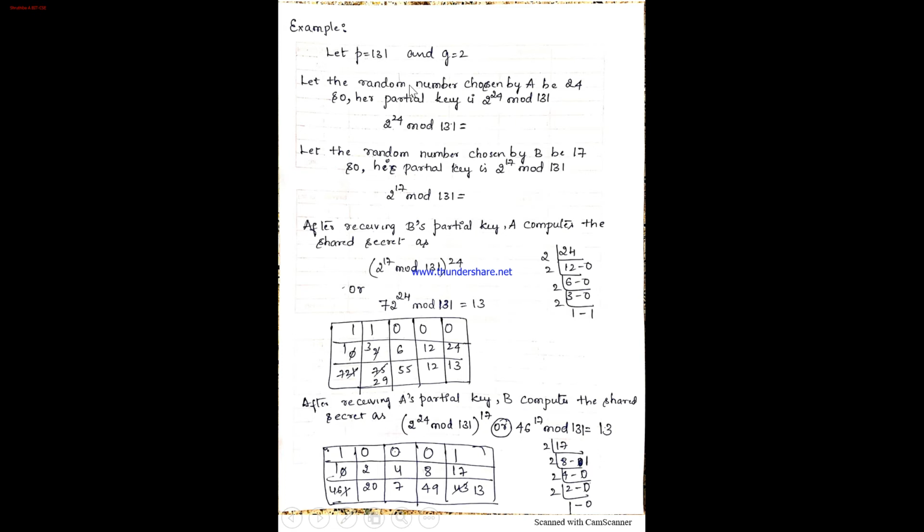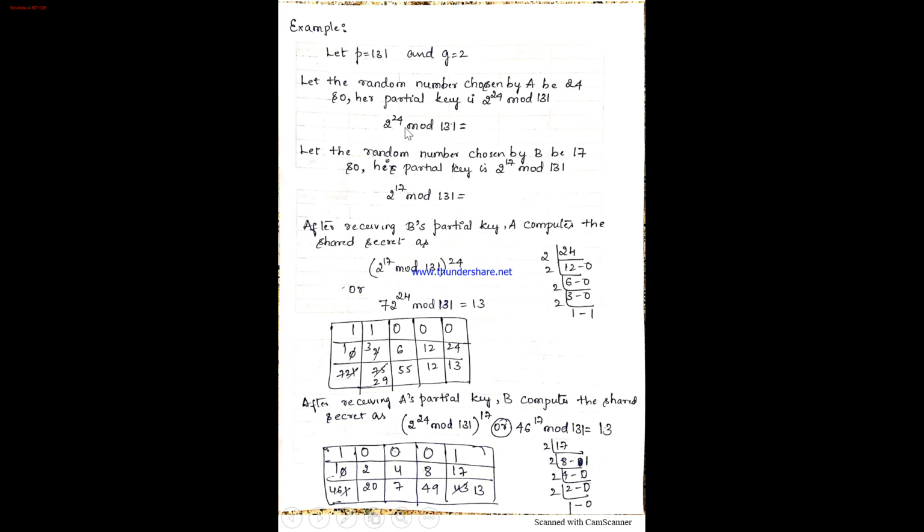So assume that A chooses 24. Her partial key will be 2 to the power of 24 mod 131. Similarly, if B chooses 17, then 2 to the power of 17 mod 131.